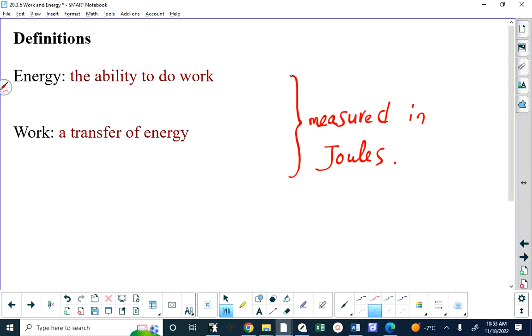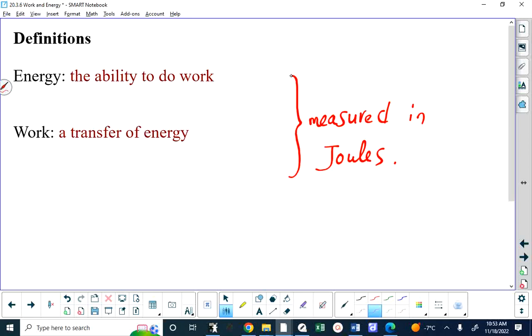So let's say that I give the baseball 100 joules of kinetic energy, which is a type of energy we'll review on Monday. What that means is if the baseball has 100 joules of energy afterwards, I have transferred 100 joules of energy to the baseball, which means I've done 100 joules of work, which means the energy has dropped by 100 joules inside of me.